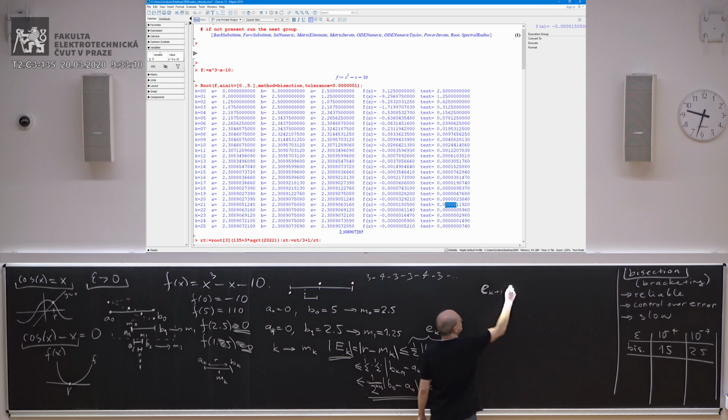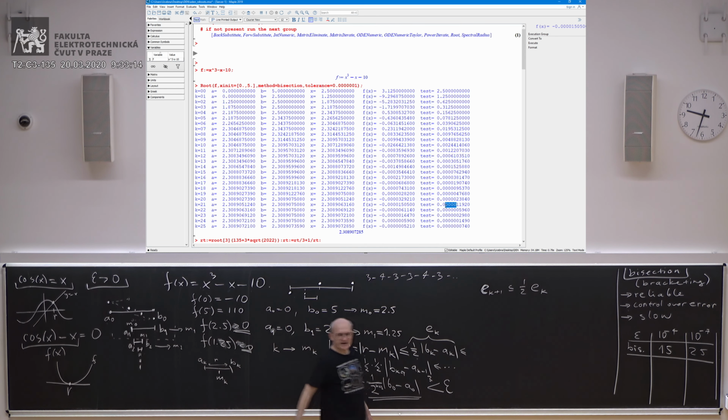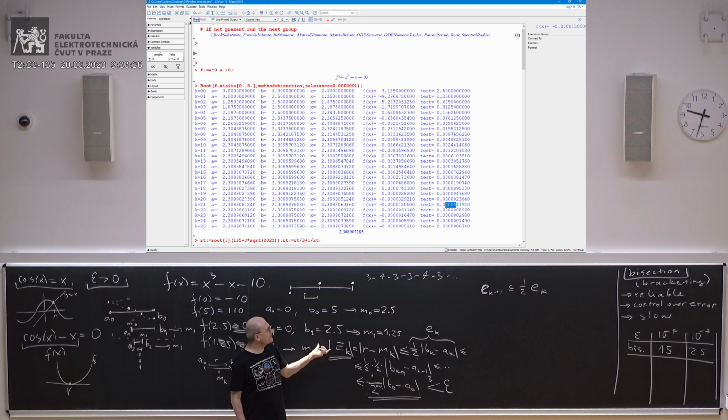The estimate, by our reasoning, satisfies an equation like that. At each step, the estimate for the error gets halved. We already noticed it. Now, if we want to pass to relative errors, of course, we don't know the actual error. But again, we can ask for the estimate for the relative error.